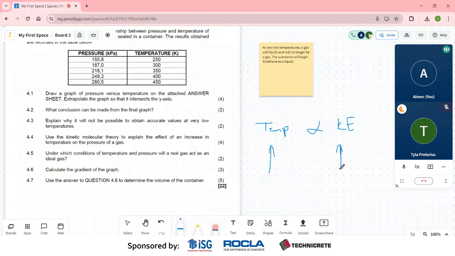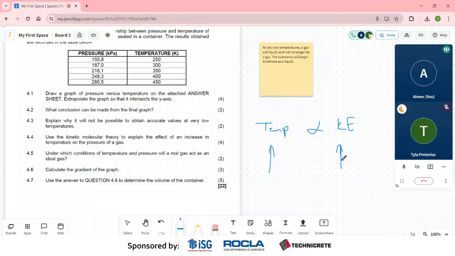Temperature and kinetic energy are basically synonymous. So whatever happens to the one has to happen to the other. The more energy or heat I give by increasing the temperature, the more energy my molecules will have. Okay, so for 4.4, your first point is that if temperature increases, average kinetic energy of your particles also increases.